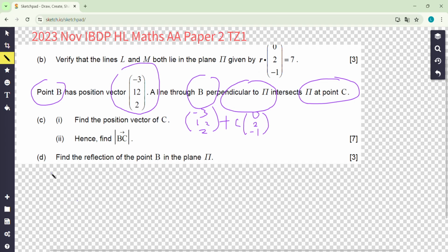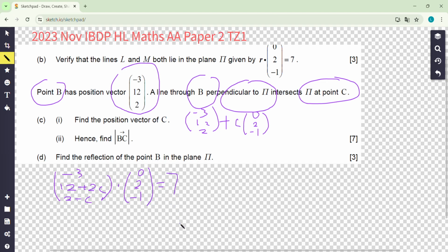So we know that, okay, (-3, 12 plus 2c, 2 minus c) dot (0, 2, -1) has to be equal 7.